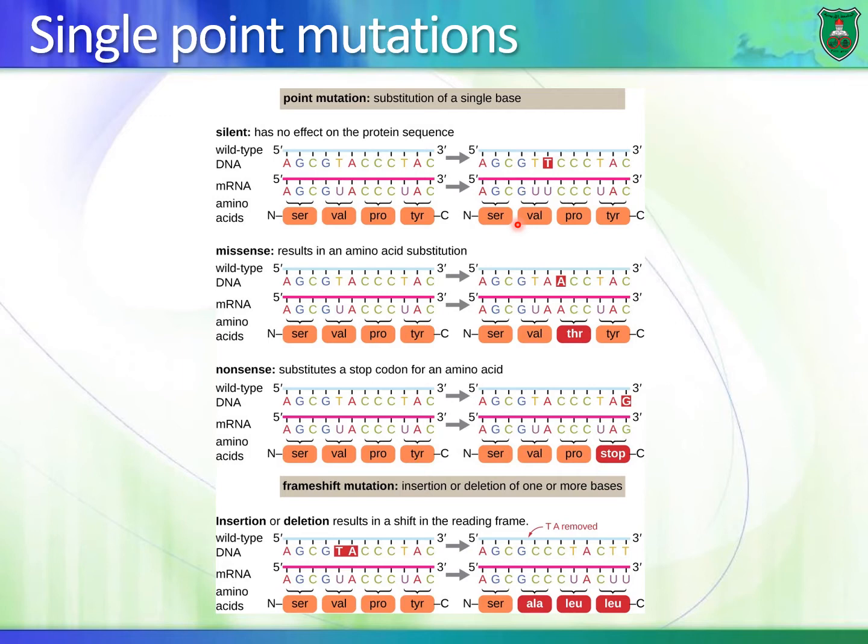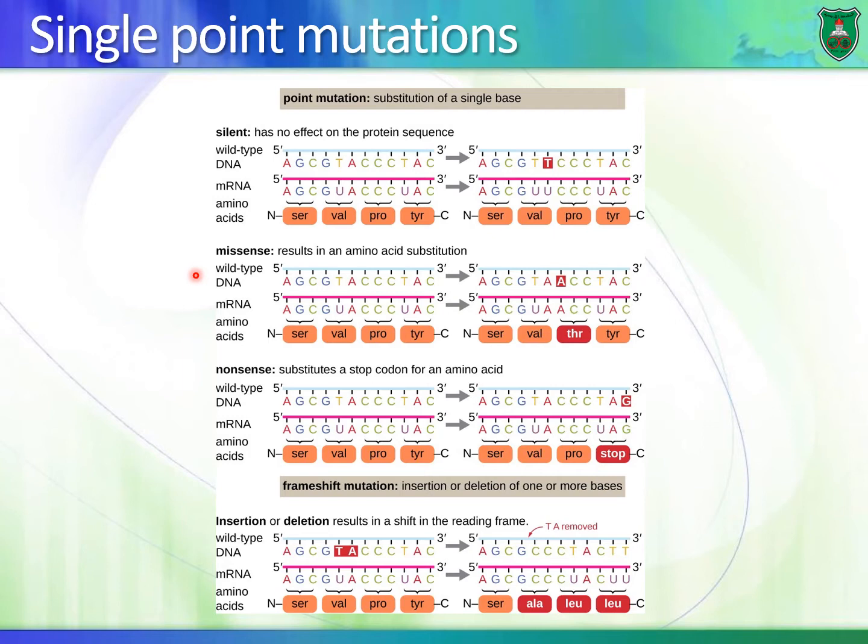If it exists in more than 1% of the population, of any population, then it is known as a polymorphism. So this is known as a silent mutation because it changes the DNA, but it does not change the protein sequence.